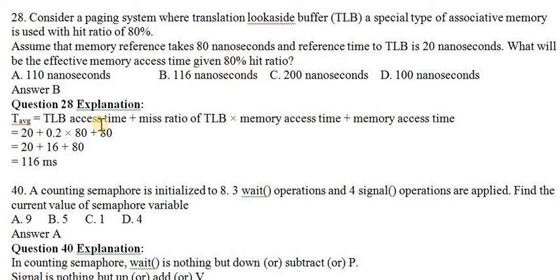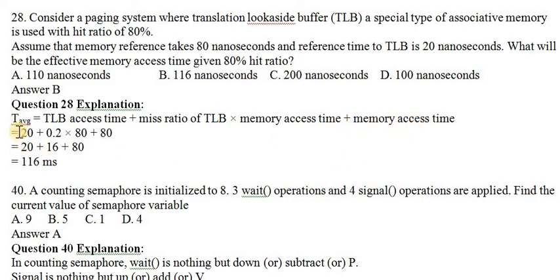Okay, so now if you want to access data directly from memory, it will take some time, plus suppose it is not present in main memory, you want to reload from secondary memory to main memory. For that how much time it will take? Okay, the total effective time will be formulated as TLB access time plus miss ratio into memory access time, and then memory access time for hit ratio.